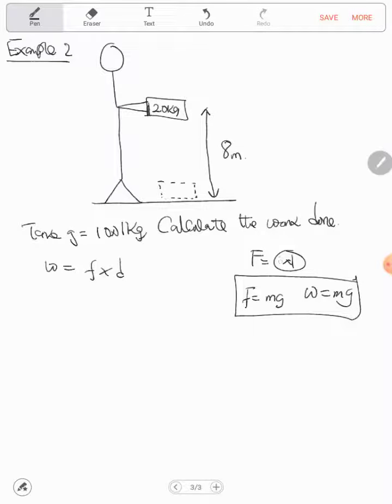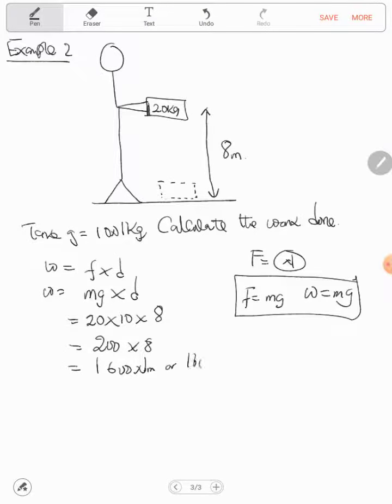So to find work in this case, we say force is equal to mass times gravity, times distance. So mass is 20, gravity is 10, distance is 8. So we're having 200 times 8. That will give you 1,600 newton meter or 1,600 joules as work done.